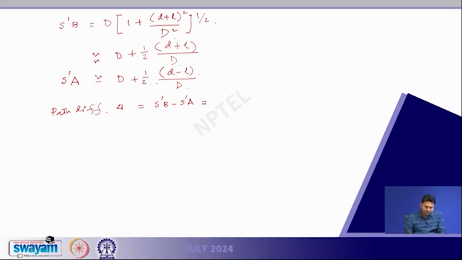If I do so, there is a square I missed here. This will be a square.